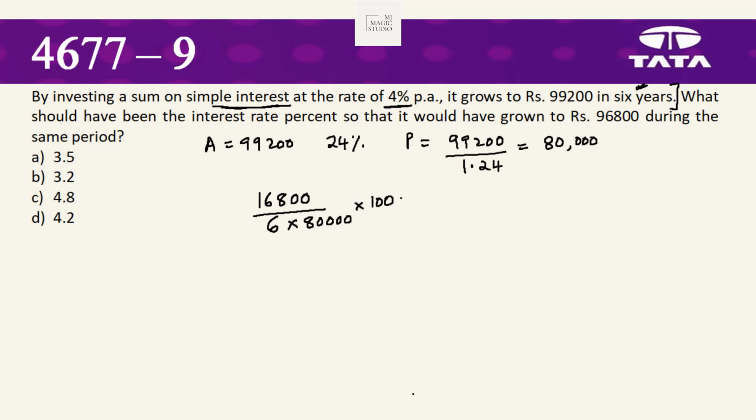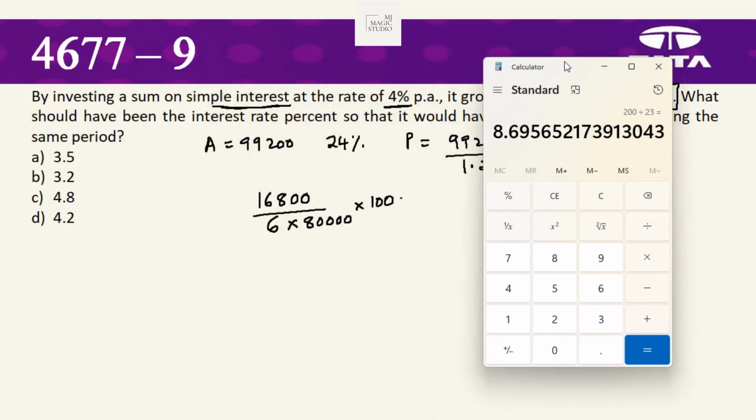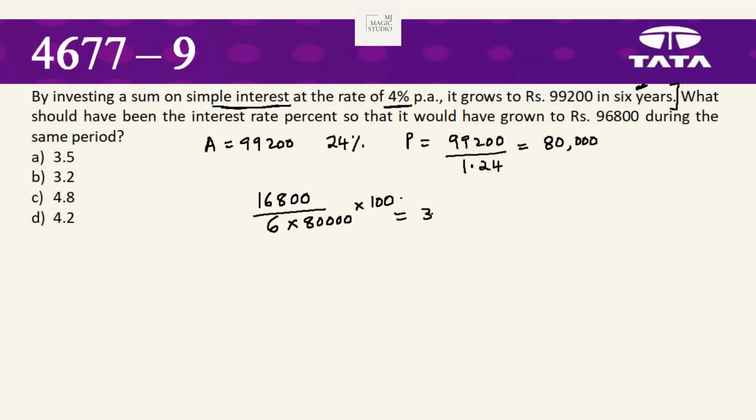Let's use the on-screen calculator. 16,800 divided by 6, this is 1 year interest, divided by 80,000 into 100. This is the interest rate. That is 3.5%. Option A is the pick.